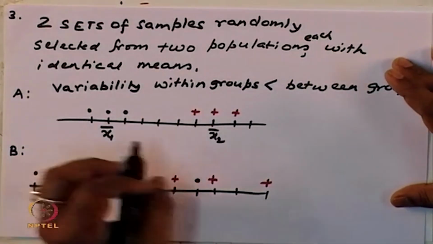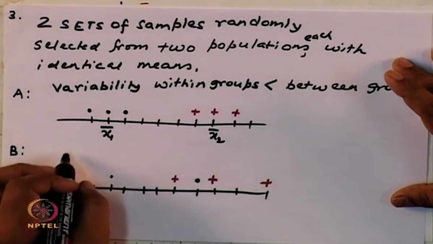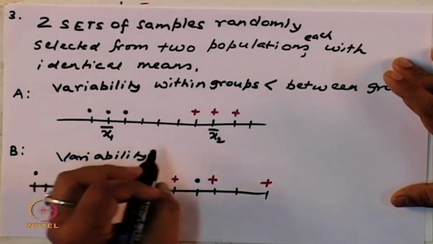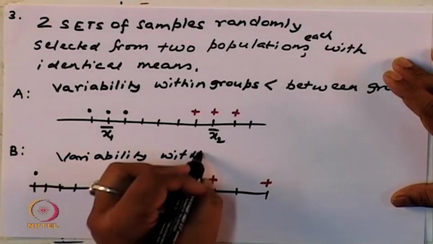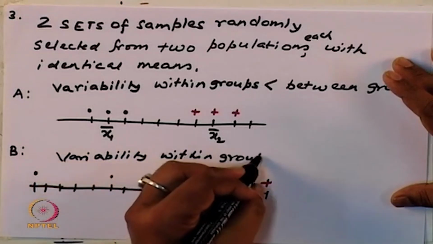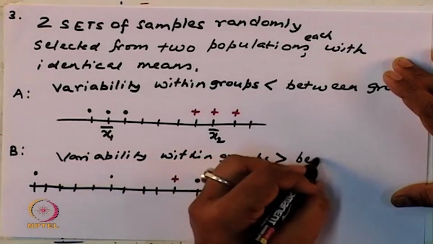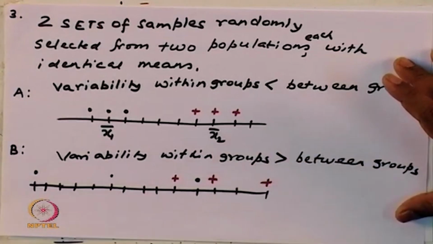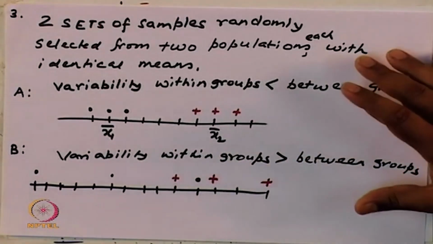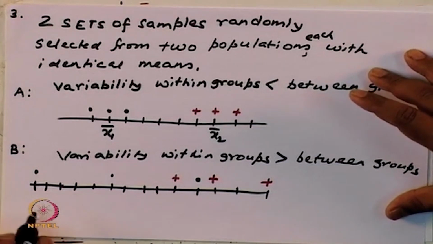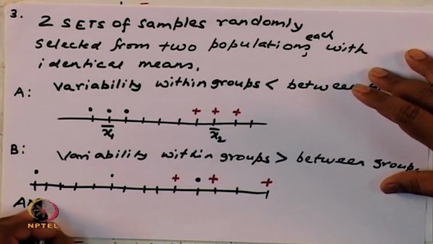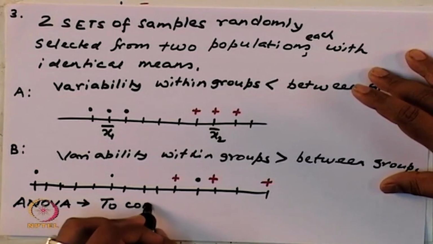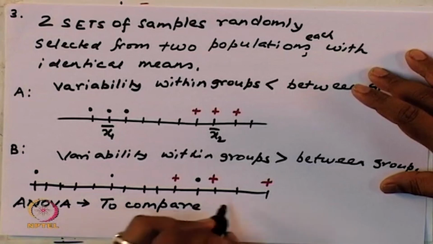Versus in this case, the variability within groups is much greater than that between groups. So, this is where the ANOVA approach is important, because ANOVA can be used to compare two means.